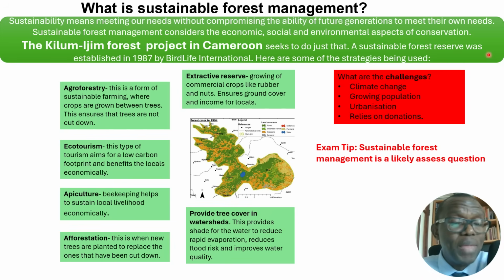And then apart from that, it's also going to be cut down for fuel wood, so firewood, and also for urbanization. So if the population here is growing, we will need space for housing to be built, and that housing is likely to be built in these areas where the rainforest is going to be cleared for that housing to be put up.